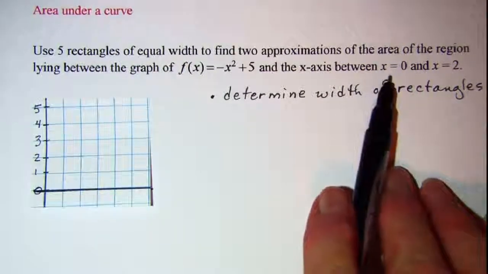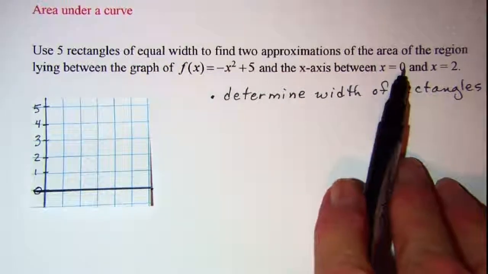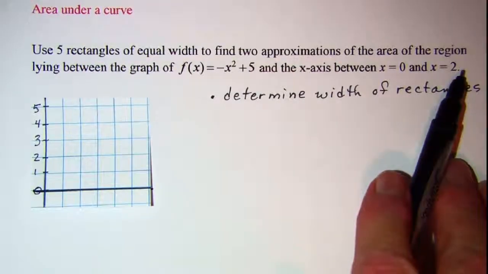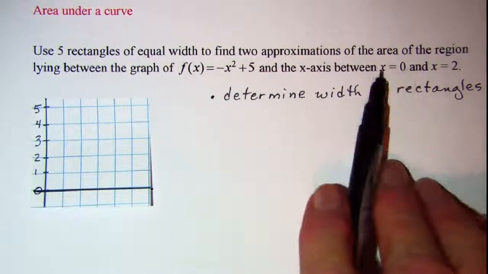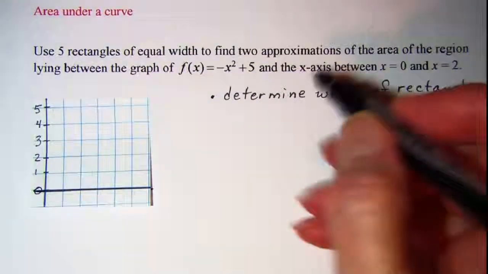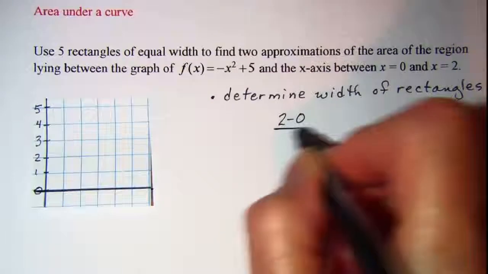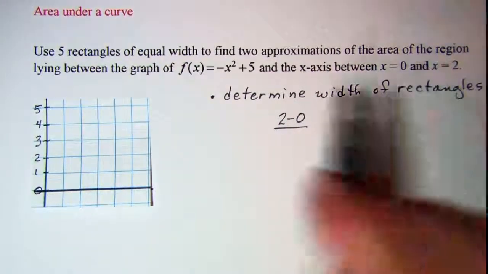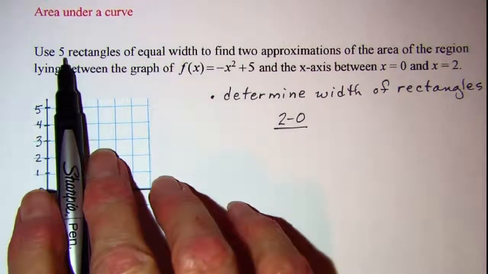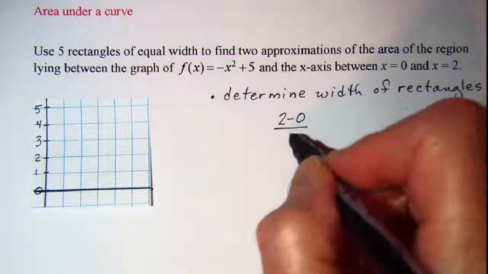So our boundaries are x equals 0 to x equals 2. So the total width is 2 minus 0. And then we need to divide that into 5 equal rectangles.